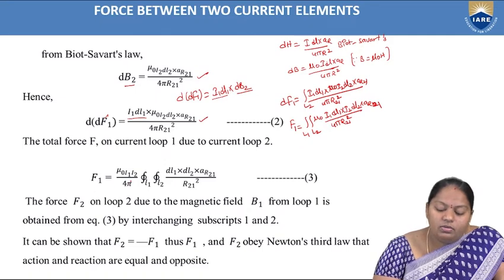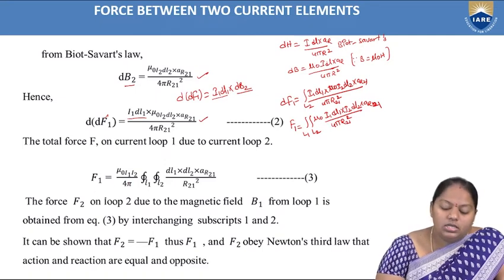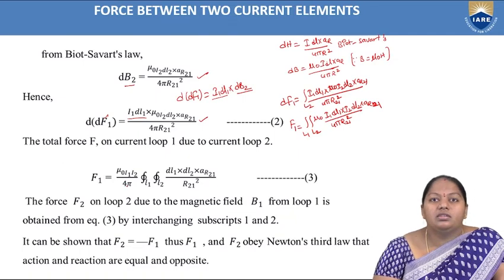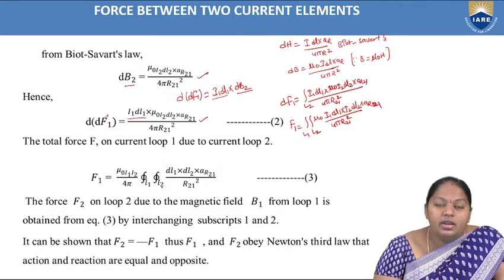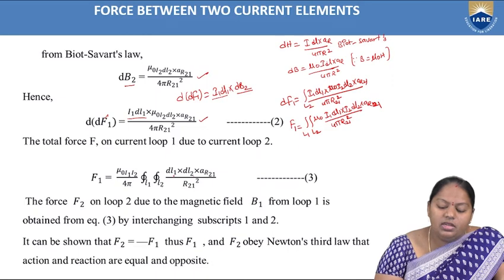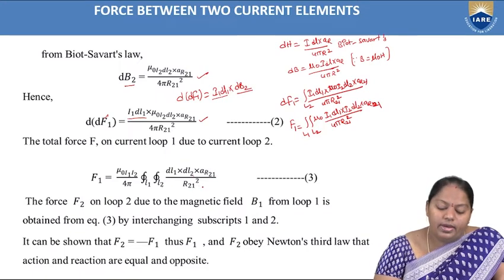So F1 equals, if you consider μ0, I1, I2 as constants and 4π also as a constant, μ0 I1 I2 by 4π closed line integral over L1 and L2 of dl1 into dl2 into aR21 by R21 squared, right? So dl1 is for the differential first line current element and dl2 for the second line element, with the direction as aR21 by R21 squared.